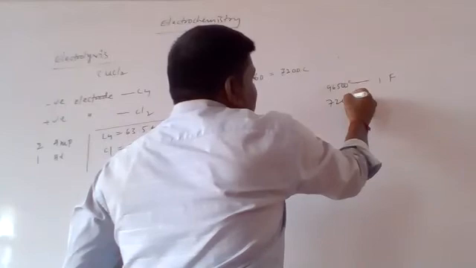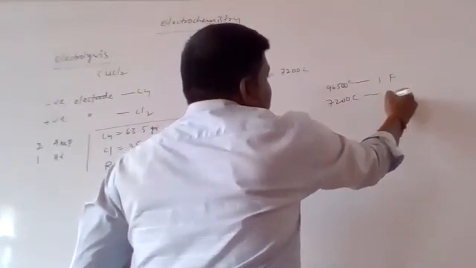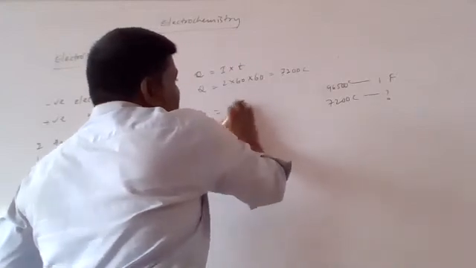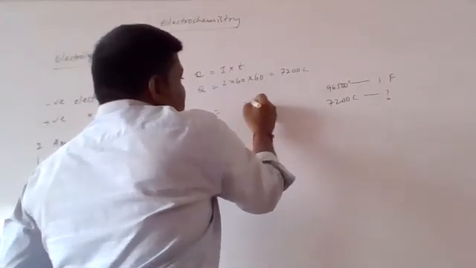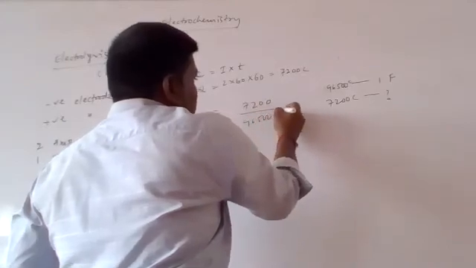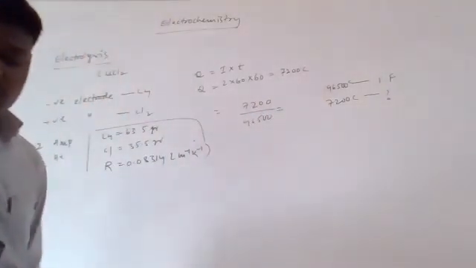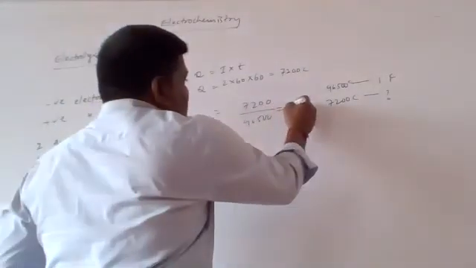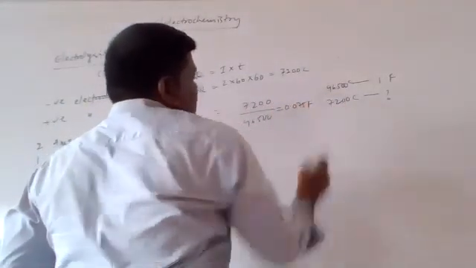Then 7200 coulomb is equal to how many Faradays? Cross multiplication: 7200 divided by 96500 is equal to the Faradays, 0.0755.